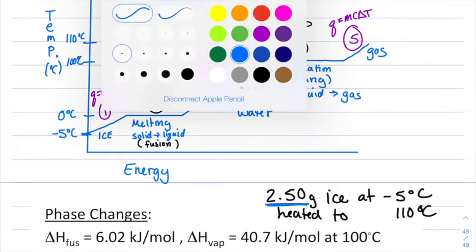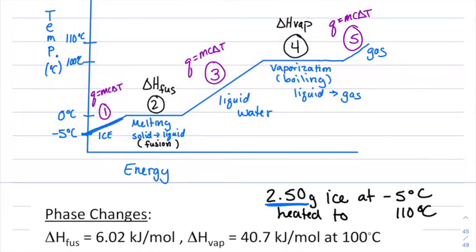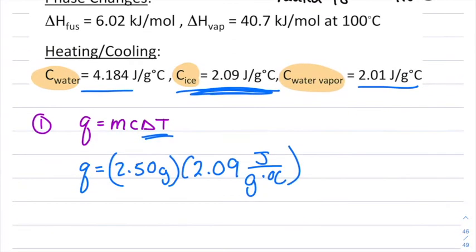But we're only looking right now at this step. In this step, it has only changed by 5 degrees Celsius. Any questions on why our change in temperature will only be 5 degrees? All right, so we got 5 degrees Celsius here.